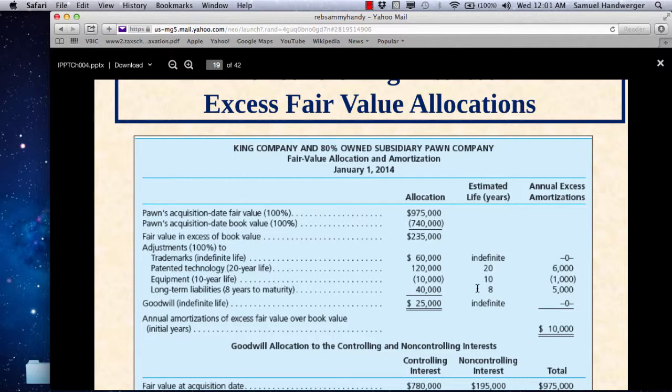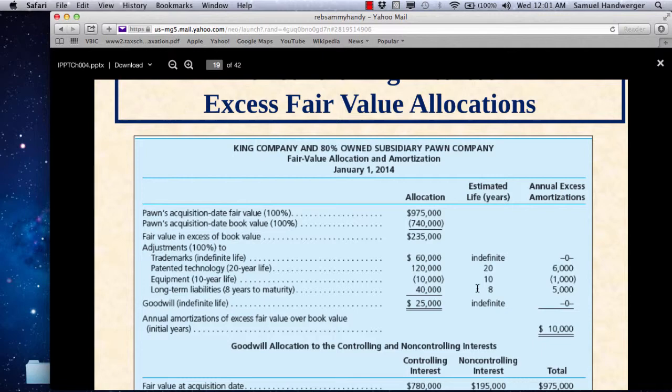$235,000. So we're explaining the difference between the fair value and the book value, and we've come out to a net $170,000 that we've been able to explain from the asset side of the balance sheet of the subsidiary, comparing its fair value of its assets versus the fair value that we paid above book value.